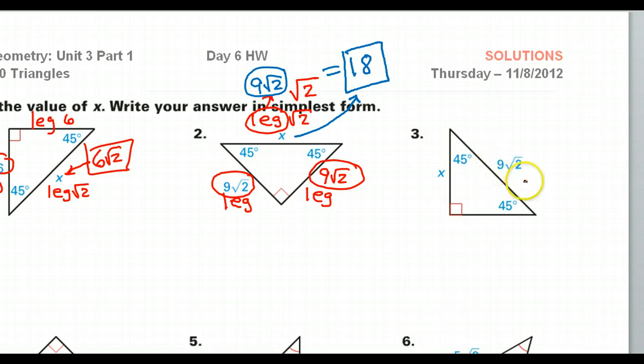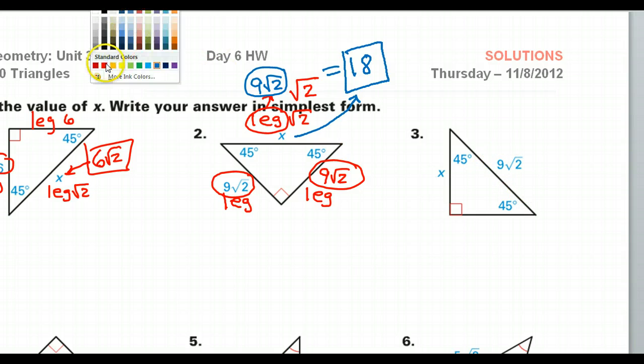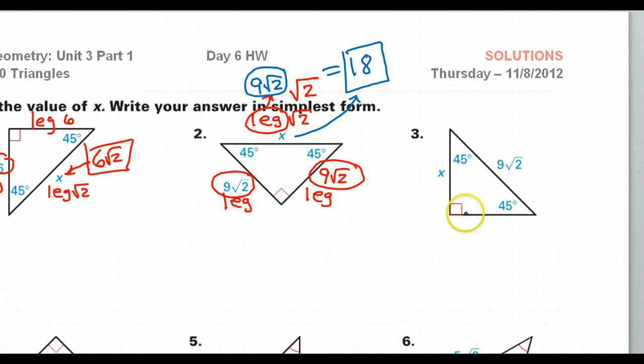Now this one over here, got to be careful. This time they're giving us the hypotenuse. All right, so just remember that this should be in the form of leg, and this is a leg, and this should be leg, radical 2. Leg radical 2, 9 radical 2. Guess what? The leg must be 9.